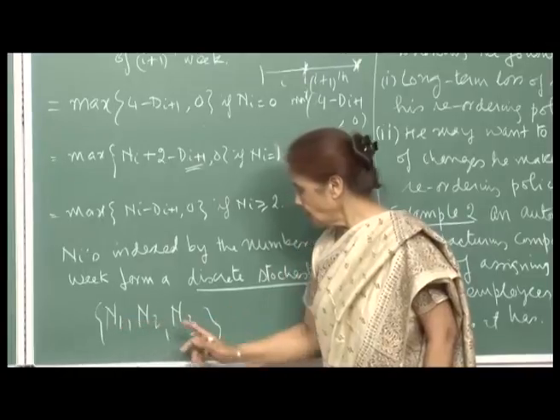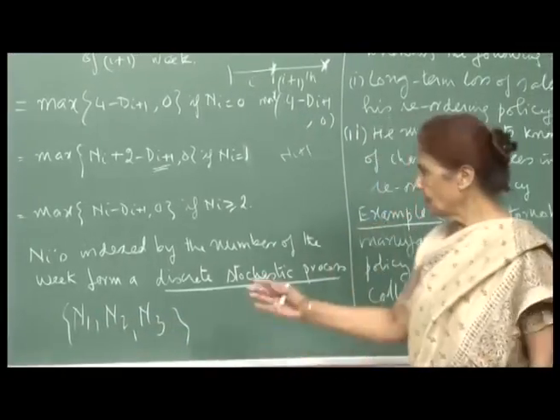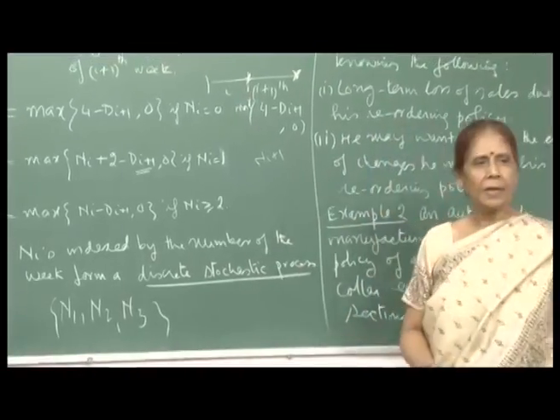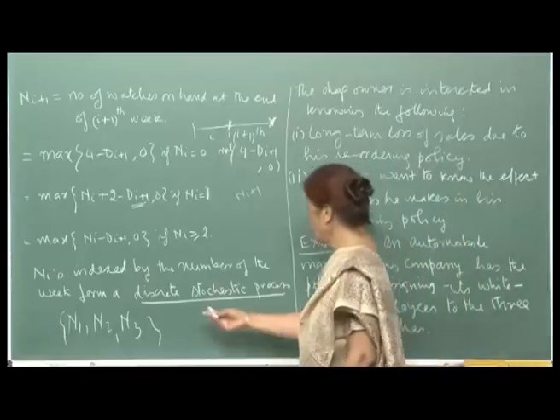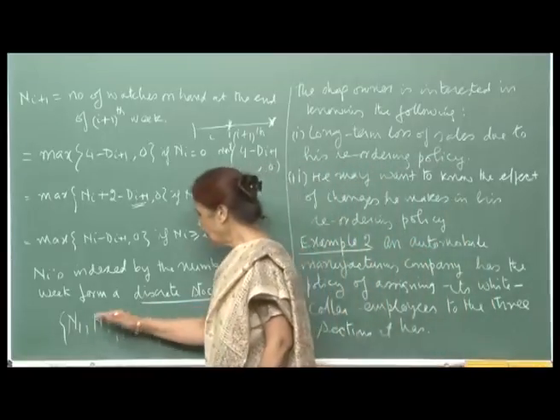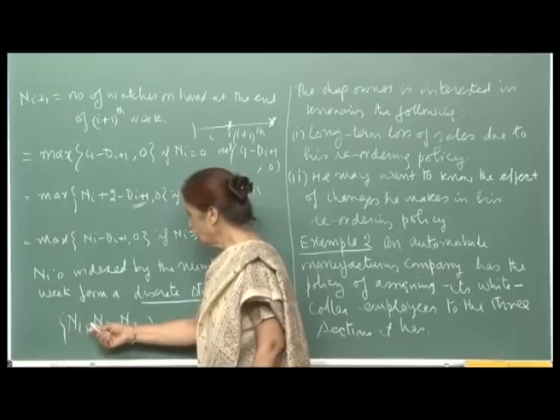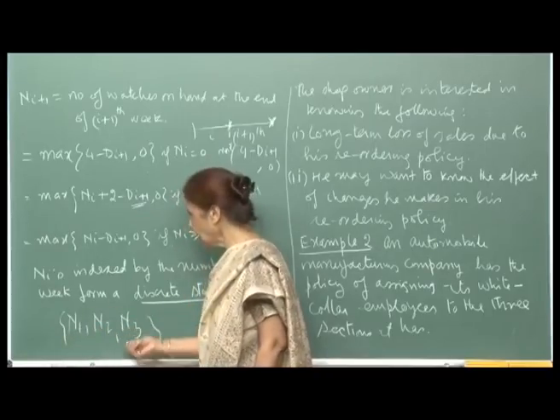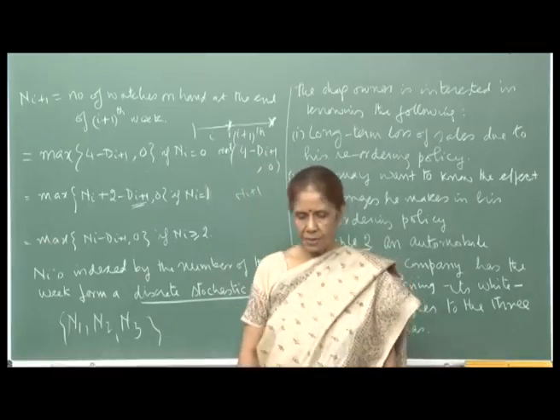So, n_1, n_2, n_3, and the unit of time can be anything. Here it is a week, it could be a month, it could be an hour or whatever it is. So, and therefore, the discrete word. So, this is a random phenomena which is being sort of indexed by discrete time period, and therefore, we will call this a discrete stochastic process.